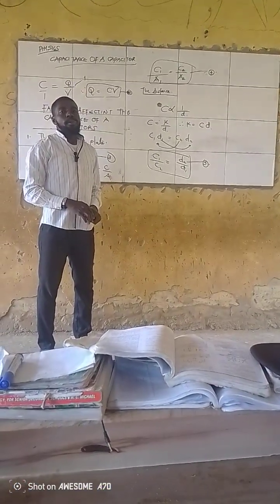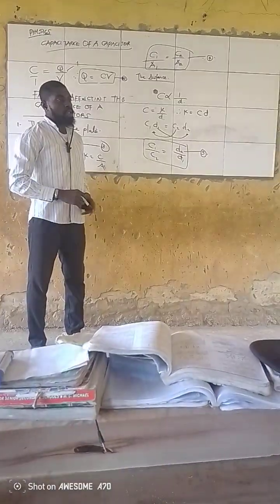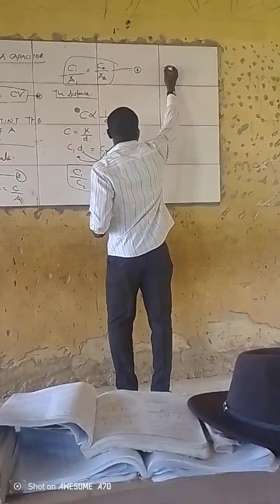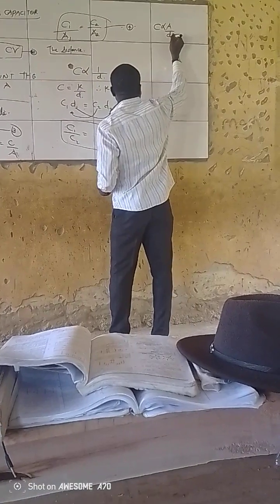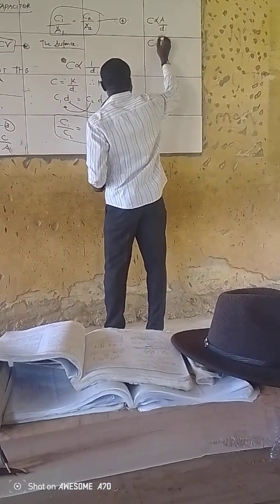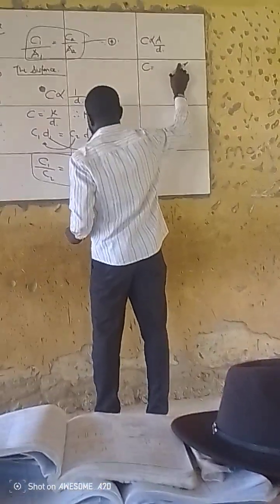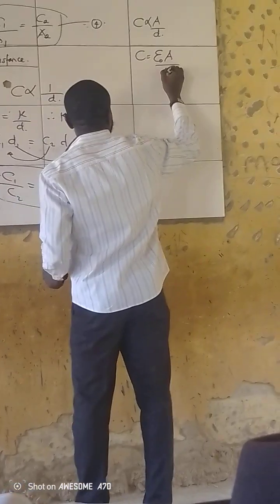Now, we're going to join both equations. Everybody look up, stop writing. The capacitance of the capacitor is directly proportional to area, and inversely proportional to distance. If I now remove the proportionality sign, I bring in my constant. But at this time, my constant will not be K, it will be epsilon naught. This epsilon naught is permittivity.